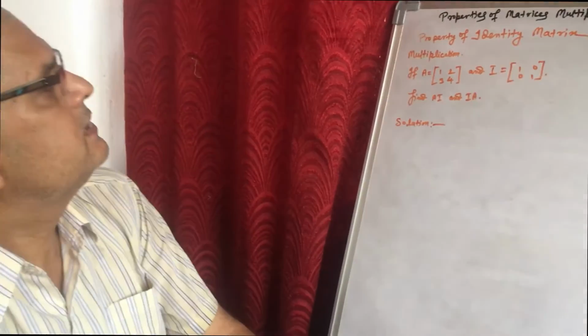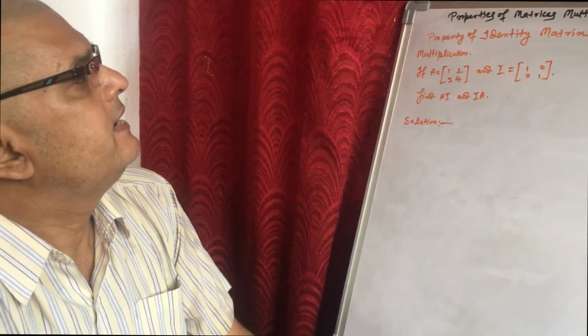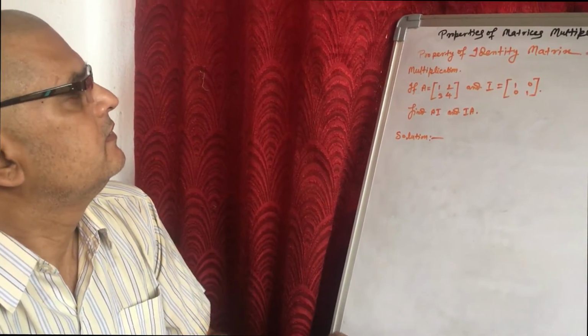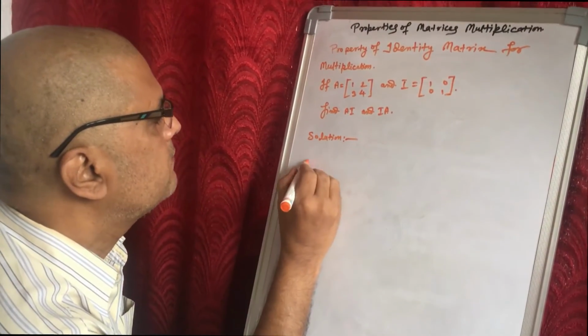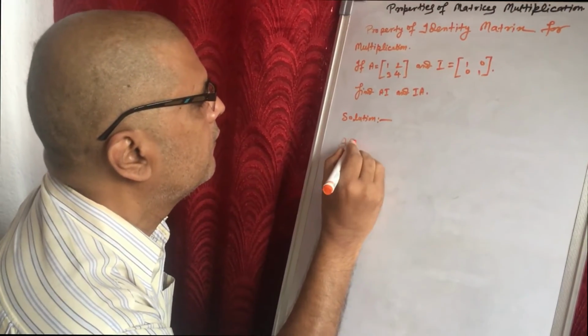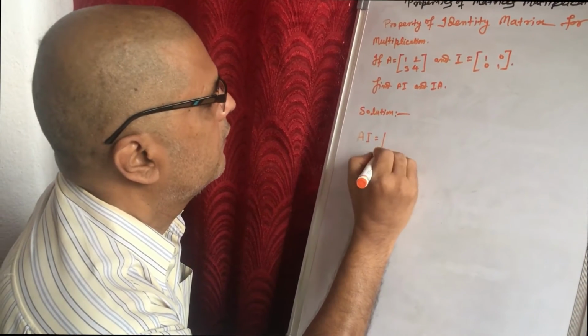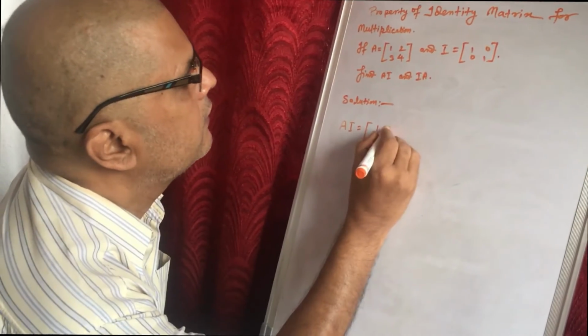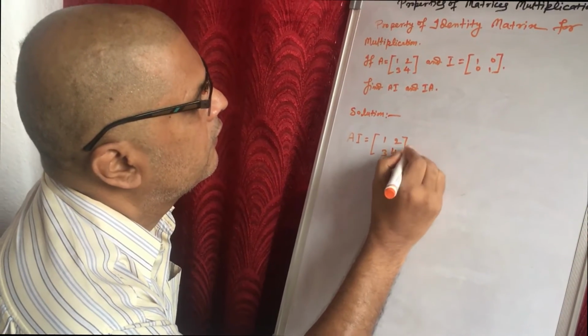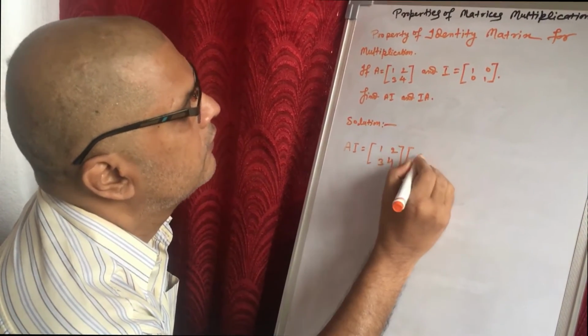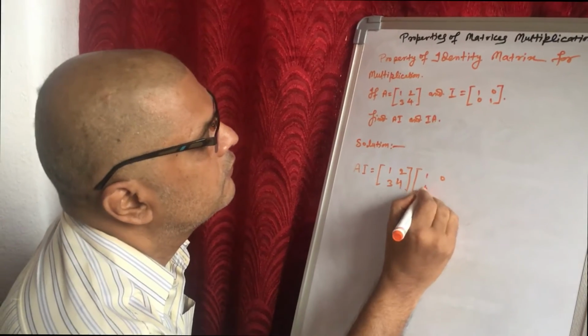Now I am going to discuss the property of identity for multiplication. AI is equal to 1, 2, 3, 4 into 1, 0, 0, 1.